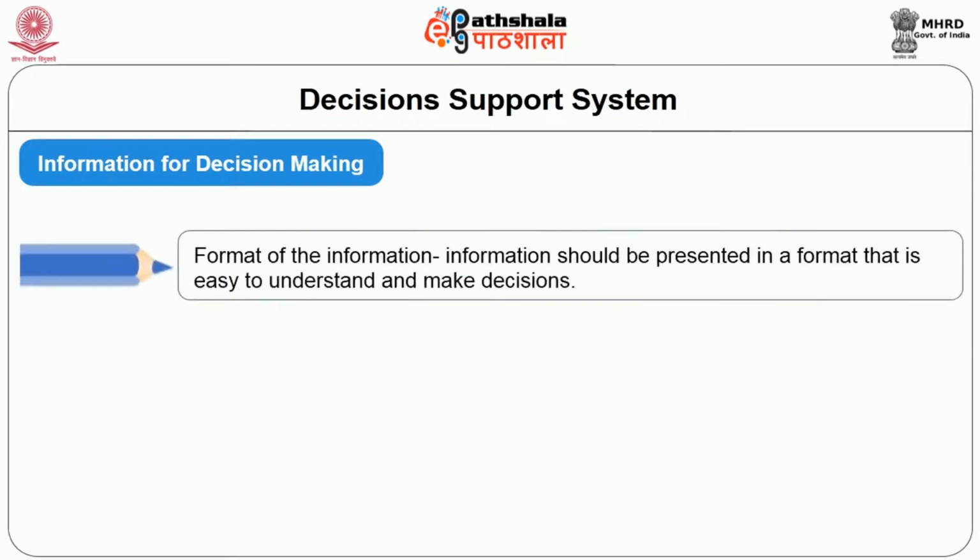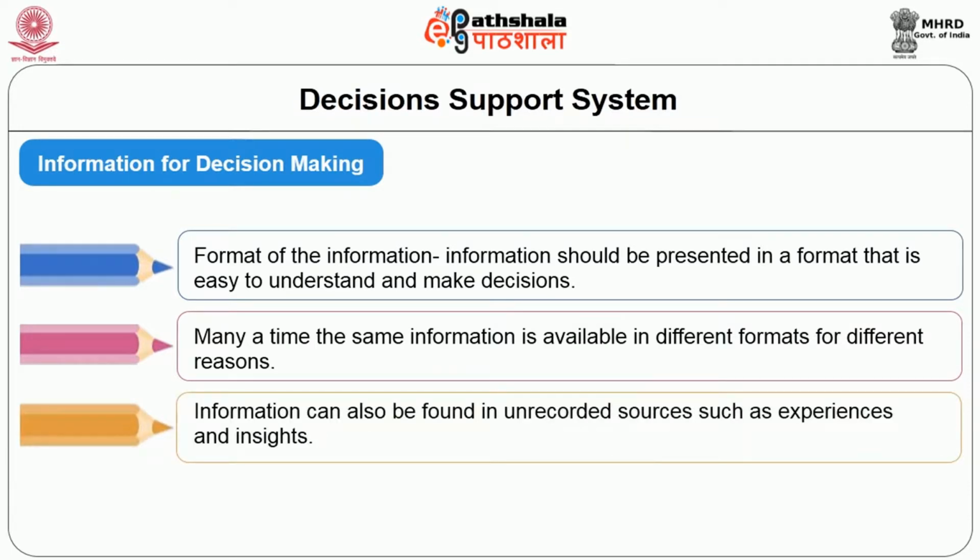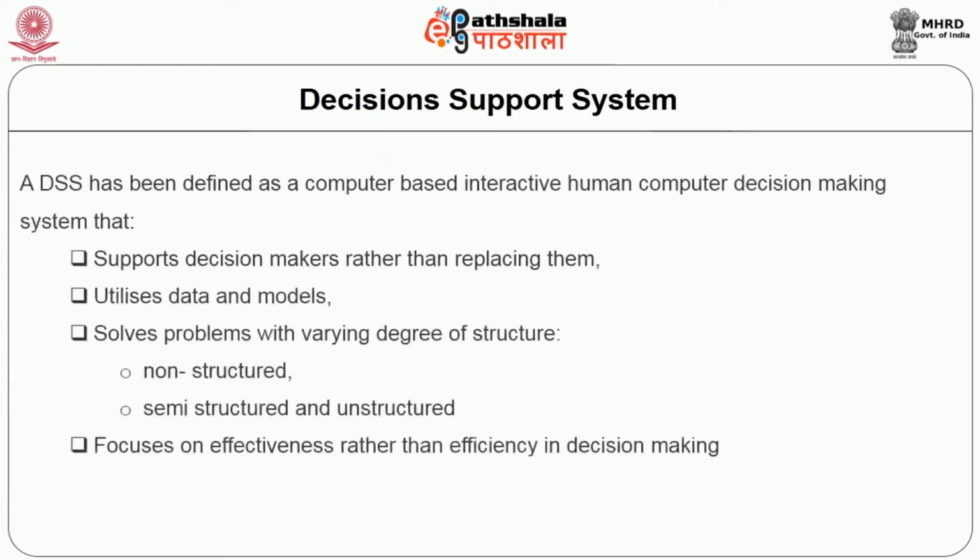And the format of the information also plays an important role. The kind of format in which the information is provided assists in making decisions. Many a time, the same information, when presented in different formats, will assist in taking stronger decisions. Information from unrecorded sources such as experience and insights also has to be considered.